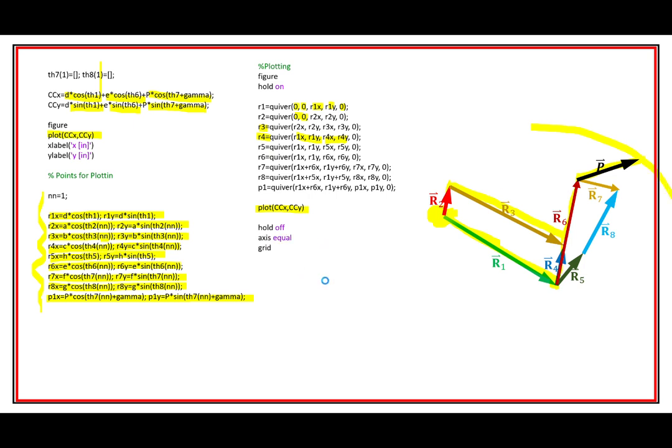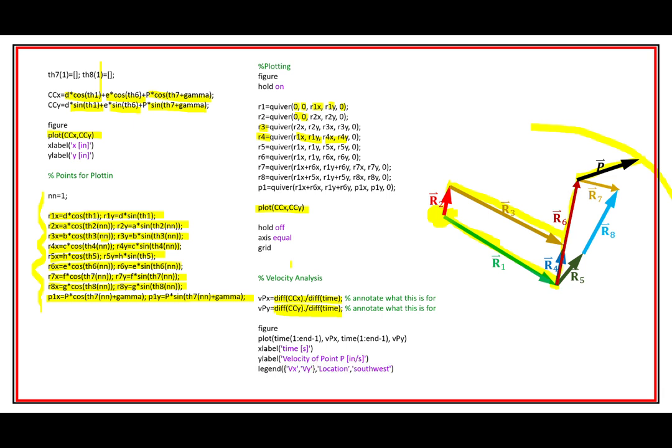And then lastly, I do a velocity analysis. I take this command right there at the tip, and this just describes taking a numerical derivative with respect to time. It's basically delta x over delta t, and then I plot it.